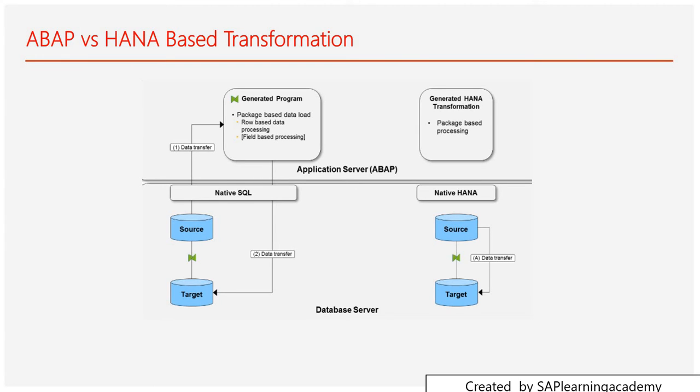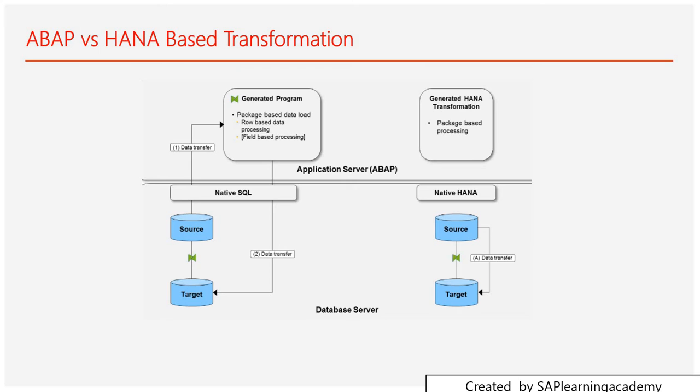Suppose you are selecting some data, and your transformations are written in the ABAP stack. Then the data is first called into the ABAP stack, whatever calculations are needed are done, and after that it is pushed down again into your HANA database. So there is a double lookup in the data flow.